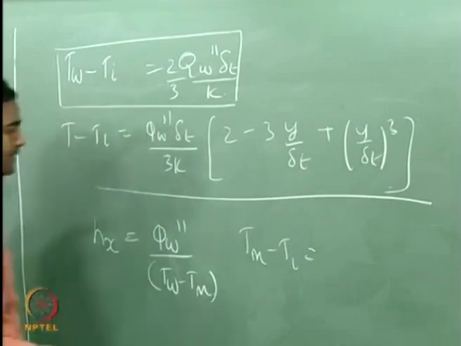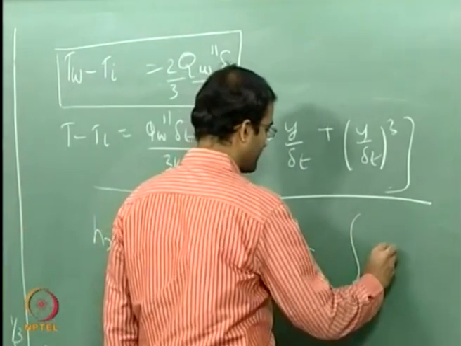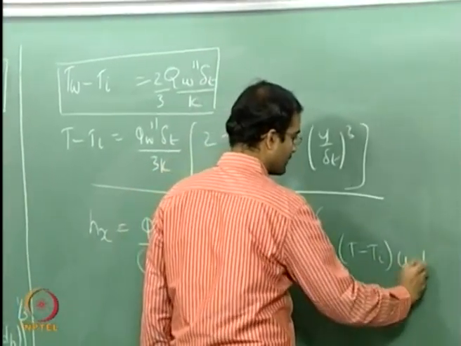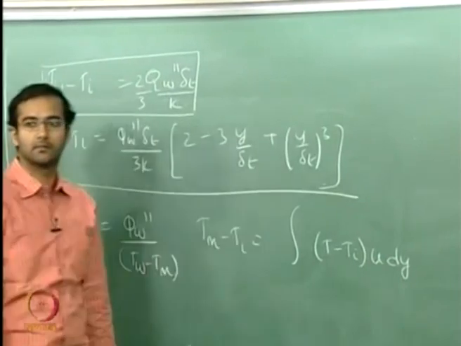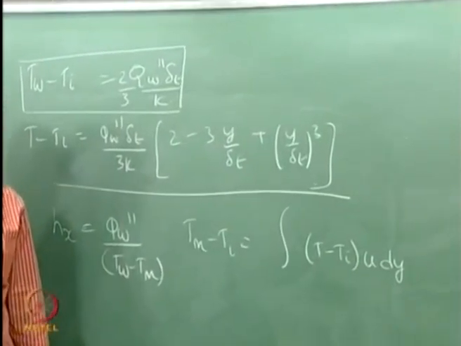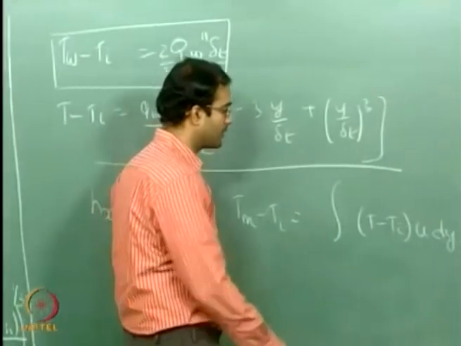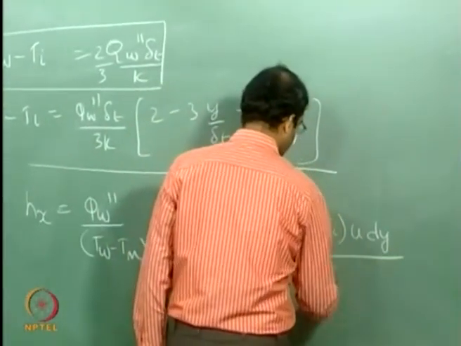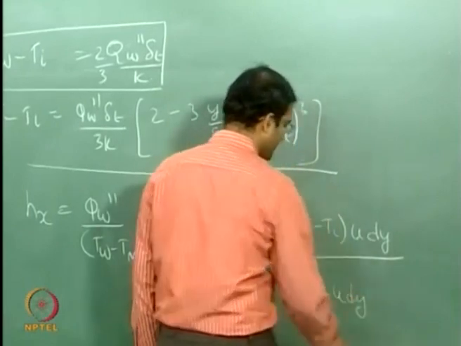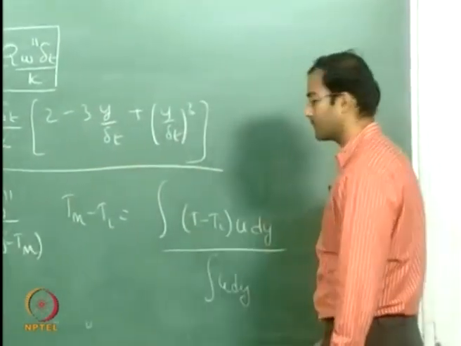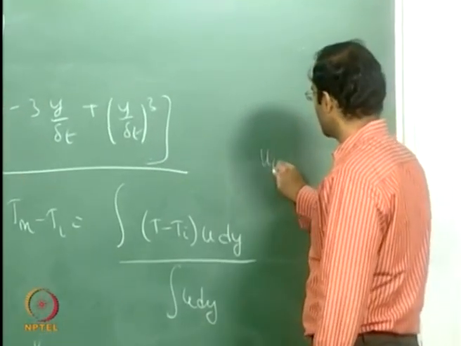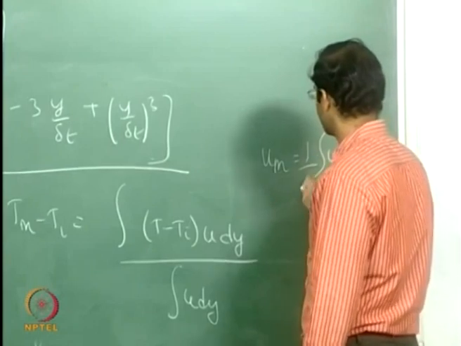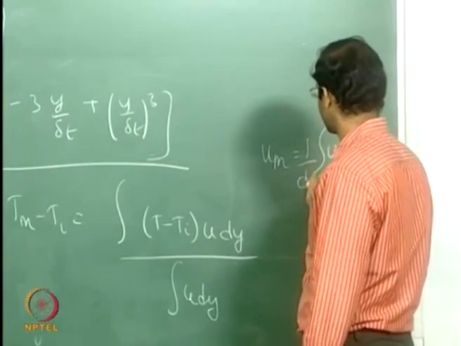That is basically the integral of T minus Ti into u into dy, correct. Now this is the case of a Cartesian duct, so your rho u dy will be the flow rate, divided by the integral of u dy, and from the definition of mean velocity you know that um is equal to the integral of u dy, 1 by d, so in this case it is 2d.